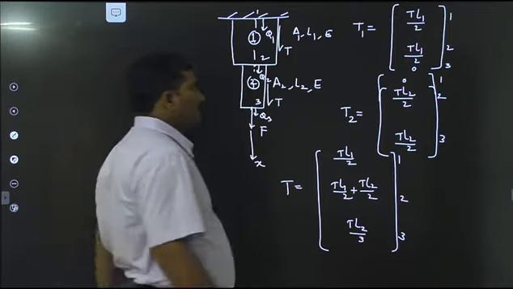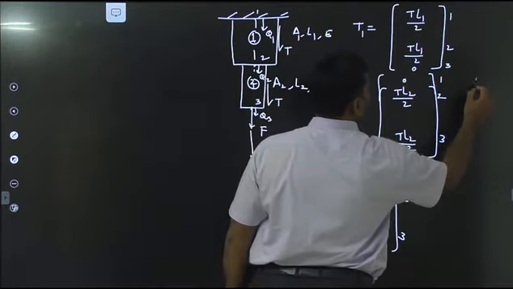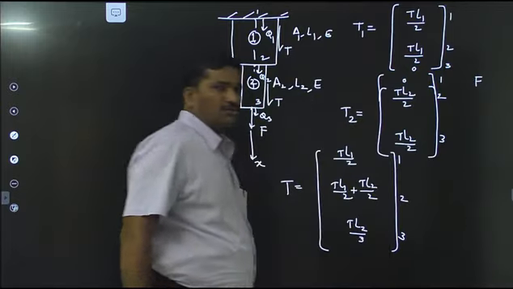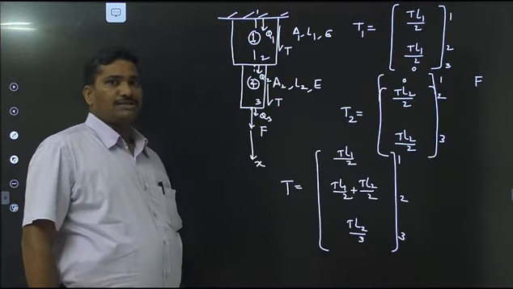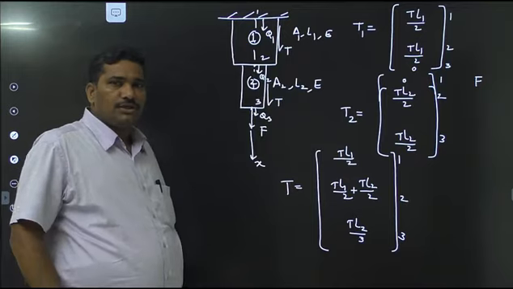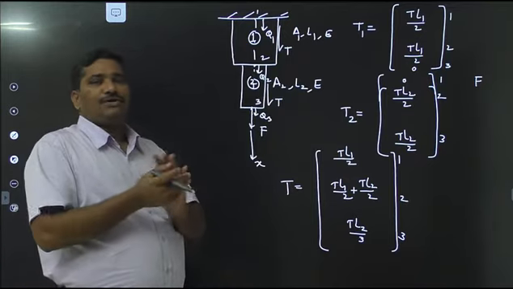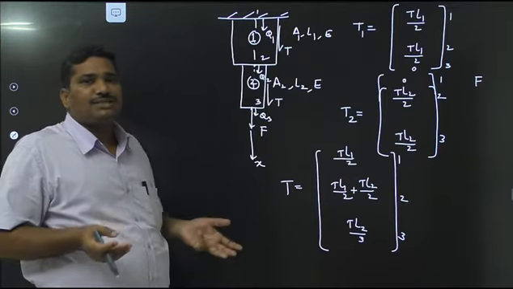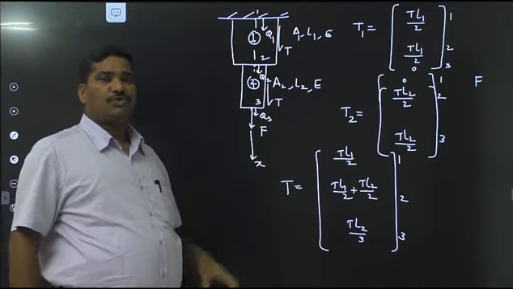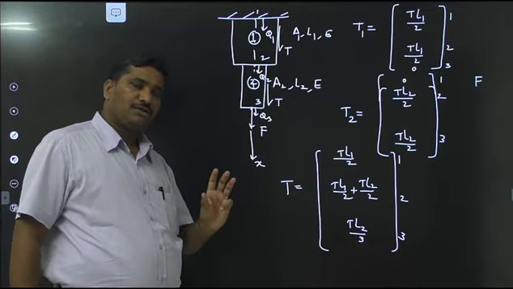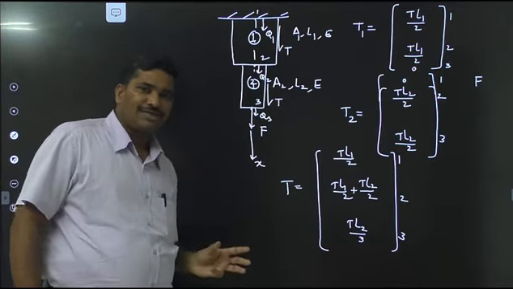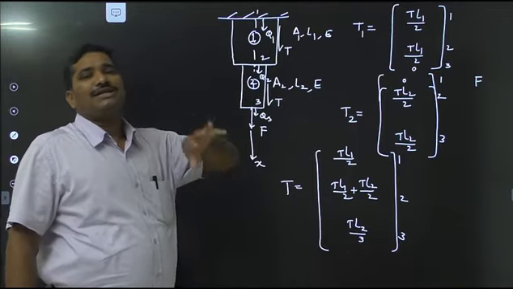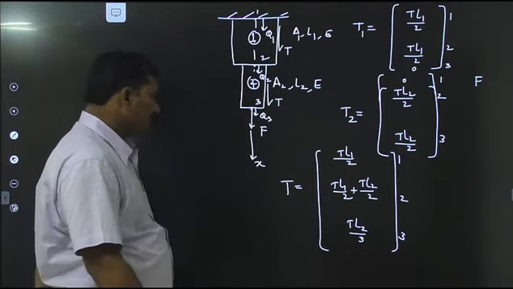Okay. Now, the global load vector F, we have to prepare F. I told you the global load vector results from the assembly of the global body force vector, the global traction vector and concentrated forces. Right?